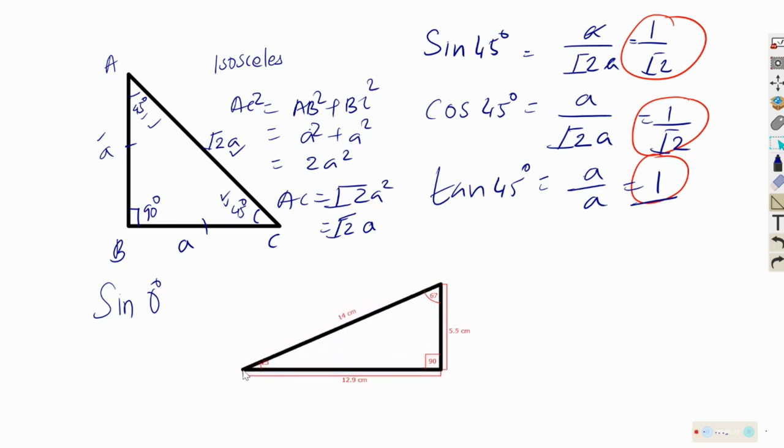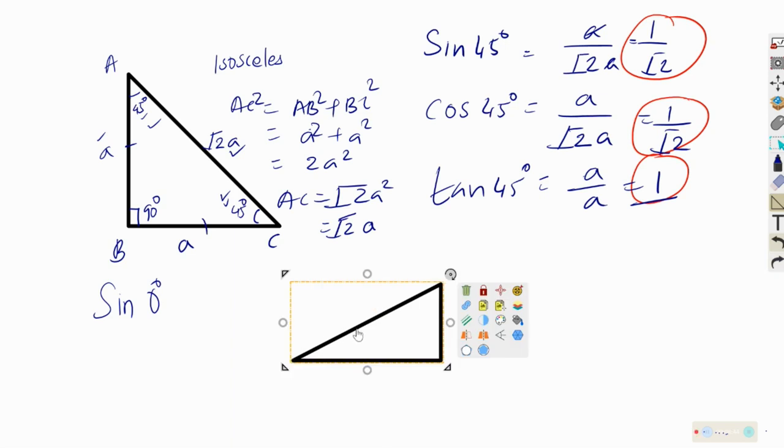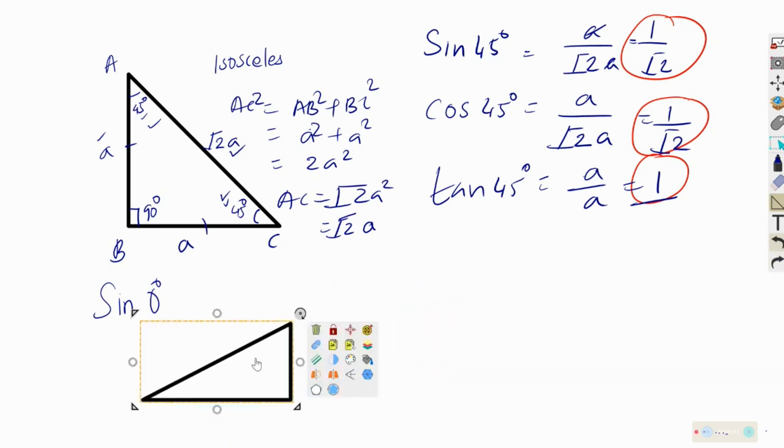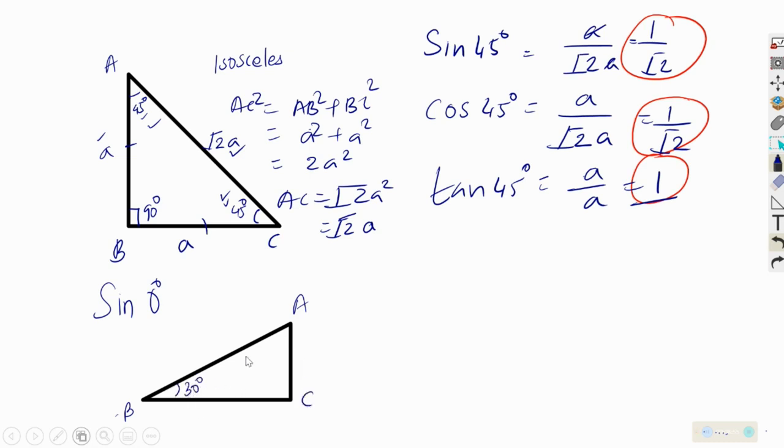Let the triangle be ABC, like this, A, B and C. If this is 30 degrees suppose, and I bring this down to 0 degree, then you can find sine 0 degree. To bring down to 0 degree, I should reduce this height. So I am going to do that with another triangle. My limitation with this triangle.